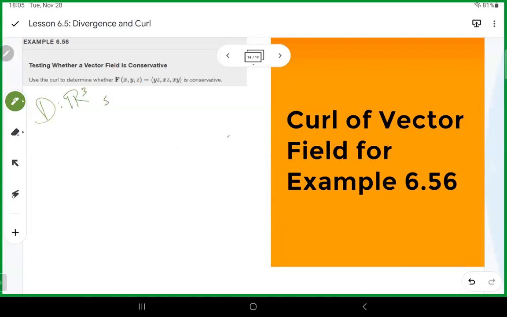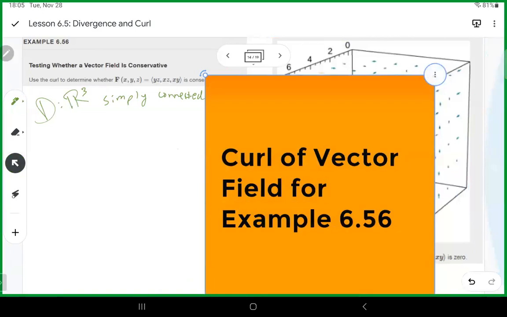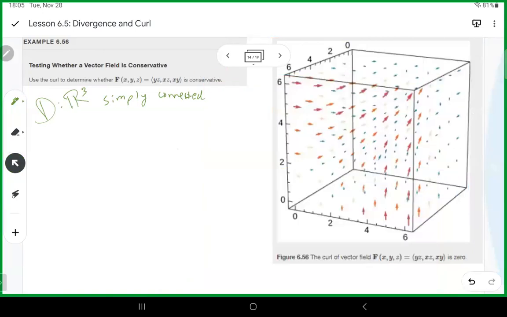It's simply connected, because if you look at the figure, there you go. So therefore we can test whether the vector field is conservative by calculating its curl.